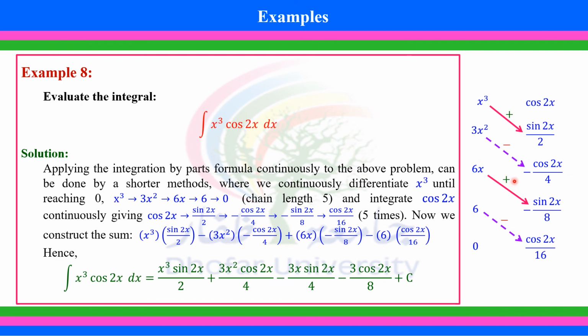Then we add to that the product of 6x multiplied by negative sine 2x divided by 8, which is this term here. And then we subtract 6 multiplied by cosine 2x over 16, which is this term here. And hence the integral of x cubed cosine 2x after simplification is given by this function.